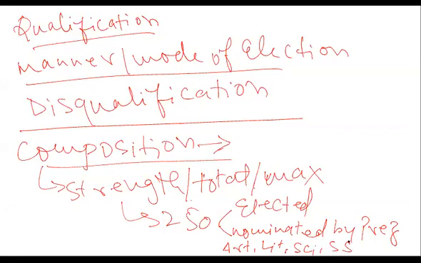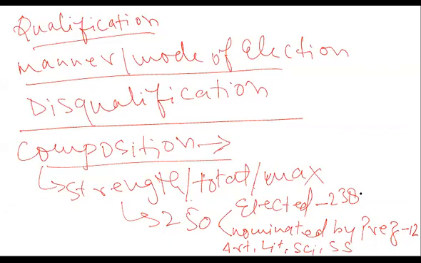They will be nominated by the president to the Rajya Sabha. So there are 238 members elected and 12 members nominated from these areas and some other areas also.